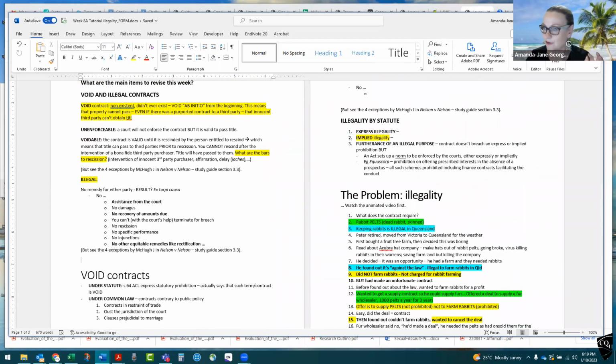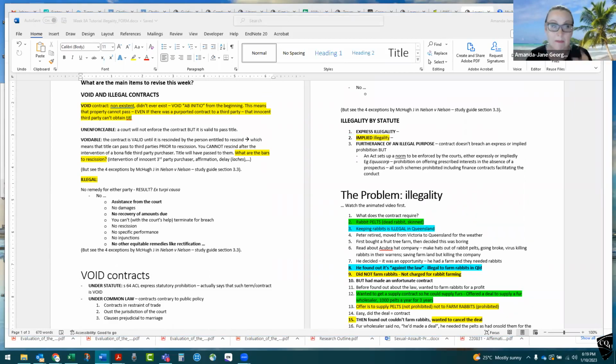And before we do that, can I just have a little indication? And this is not a waggling finger moment. This is just me knowing where to pitch the tutorial. Can I have a 1 in the chat box if you managed to get across the materials for this week, or a 2 in the chat box if you haven't, or a 2.5 or 1.5 if you had a little bit of a look but you're feeling a little bit wobbly.